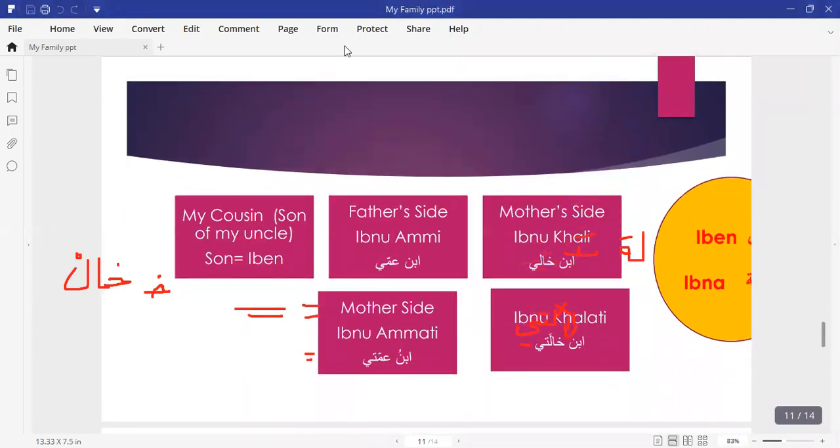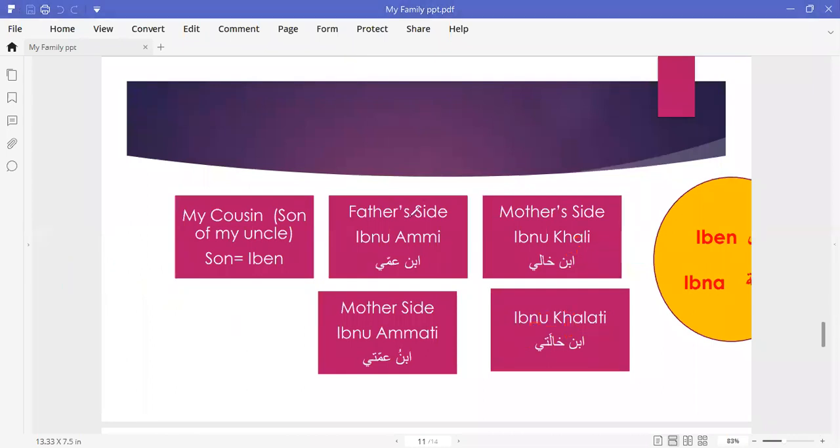So now another thing, another addition. We are talking about the daughter of your uncle or the daughter of your aunt, or the son of your uncle or the son of your aunt, but we have to take them from both sides, father's side and mother's side. Okay, my cousin.